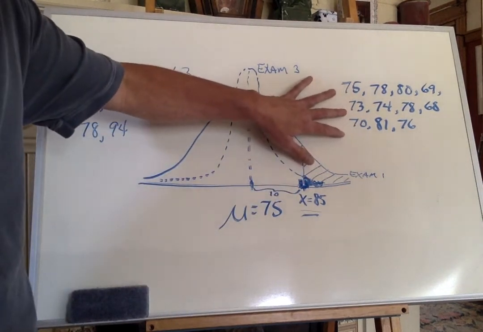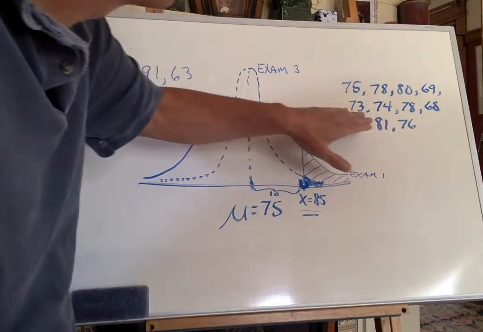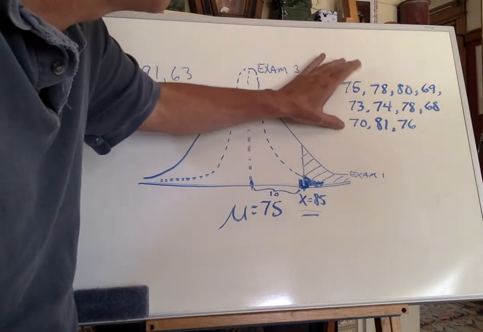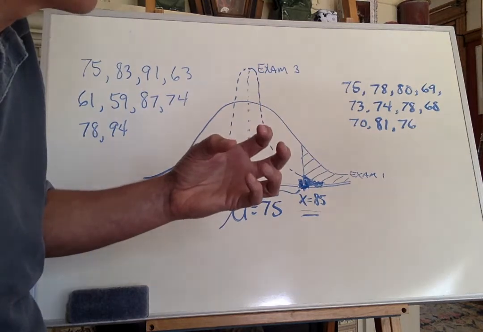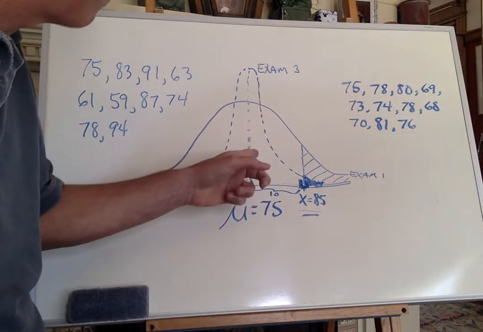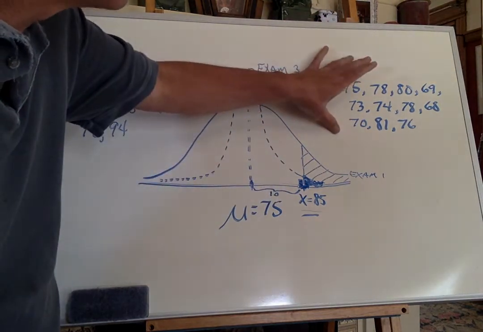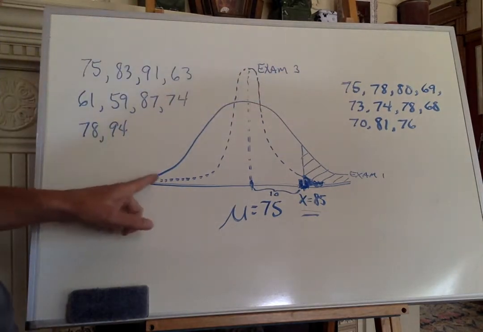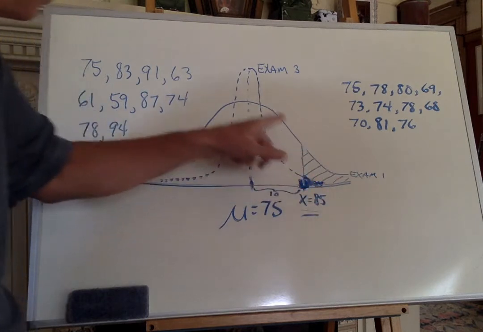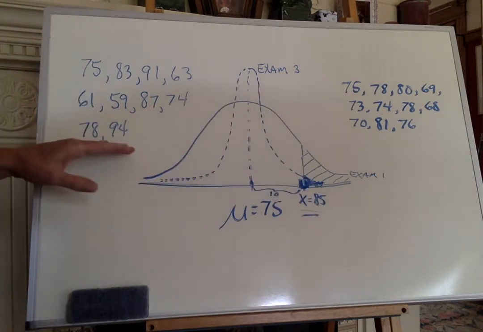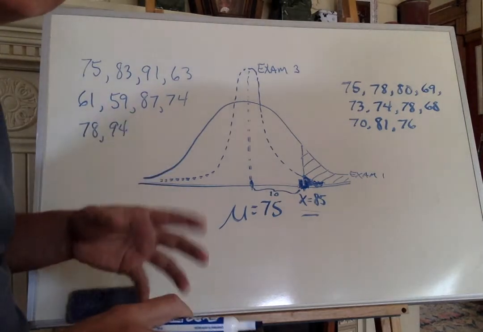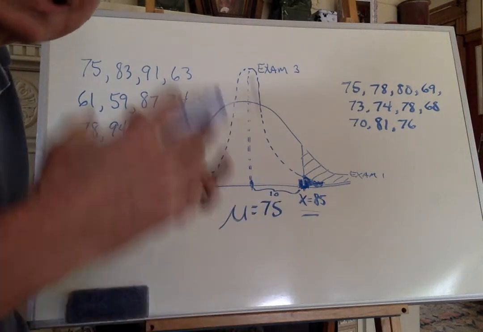Average of 75, but a standard deviation of 3 here, because these numbers are really closer together, right? That's what this graph shows. If we look at a bunch of numbers, this is what they might look like. Standard deviation of 10, much more spread out. The numbers might look like this, okay? Just trying to give you a couple of different ways to conceptualize this.